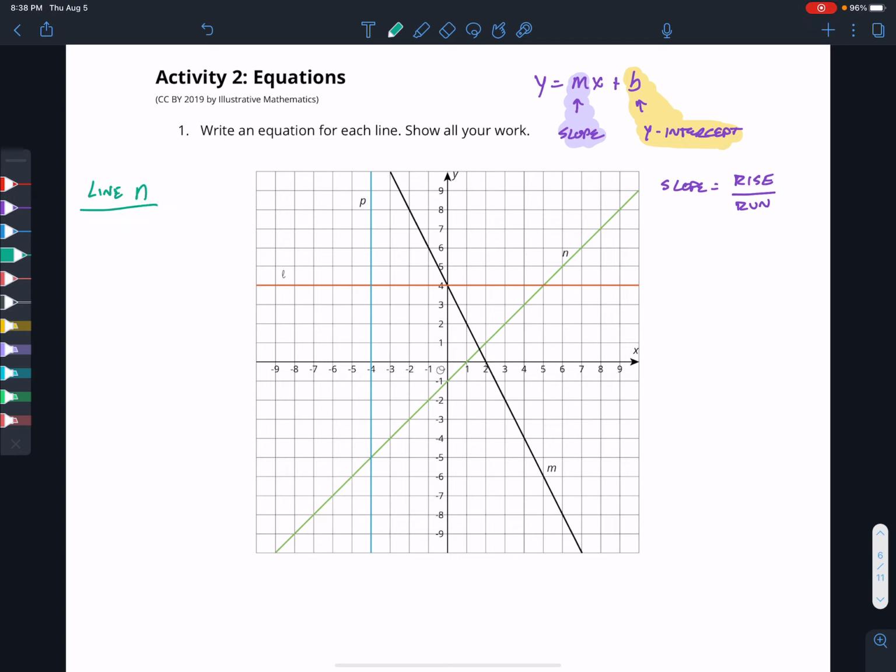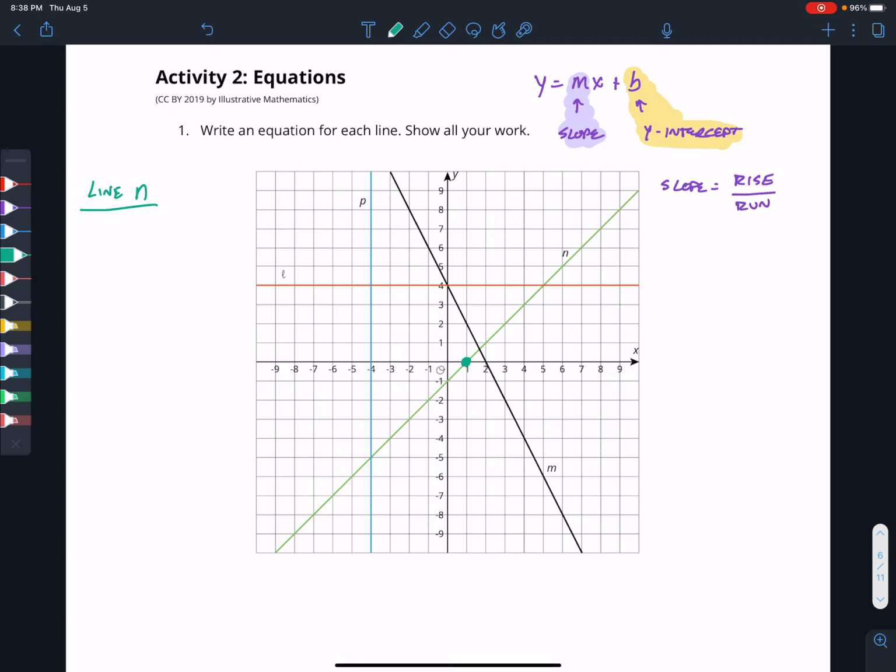So for our slope, I'm going to find one of the points along here that looks like it crosses right through the corner of these coordinates, so that way I can find a nice easy one to go with. I'm going to start right here, and this looks like it goes through the coordinate 1, 0.